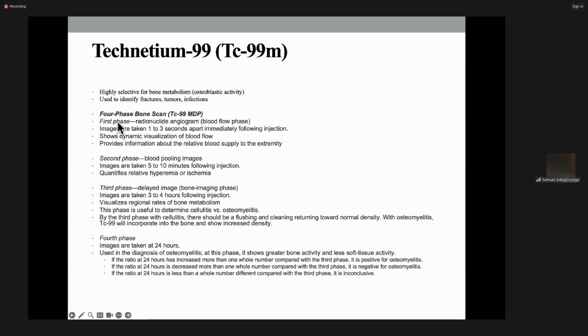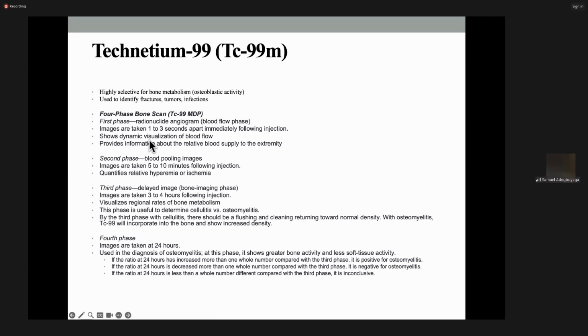All of it? That's right. With patient with cellulitis, which one will be positive? First, second, or third? Or first and second, and not third? I don't know, just the first and second.